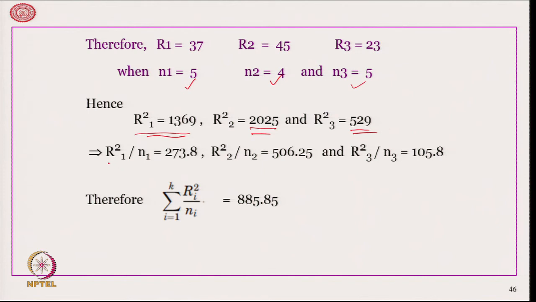Now we divide them by the corresponding number of observations. R1 squared by N1 is equal to 273.8, R2 squared by N2 is equal to 506.25 and R3 squared by N3 is equal to 105.8, and therefore sigma Ri squared upon Ni comes out to be 885.85.